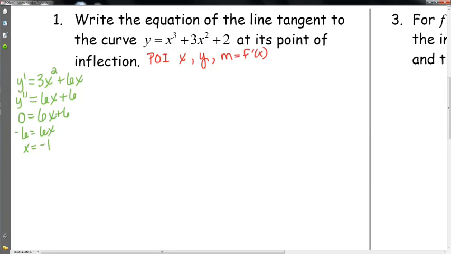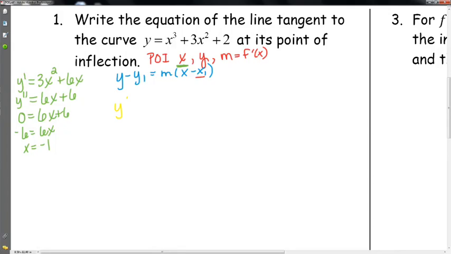And so now I know what my x-coordinate is for my point of inflection, for y minus y1 equals the slope times x minus x1. Okay, so right now we've got our x1. To find our y-coordinate, all you're going to do is plug into the original function.